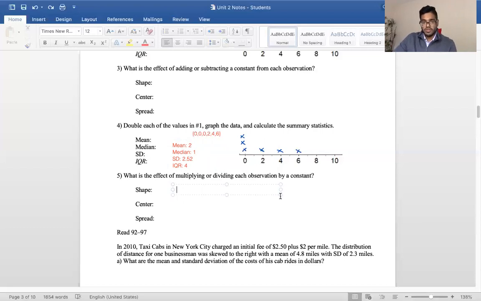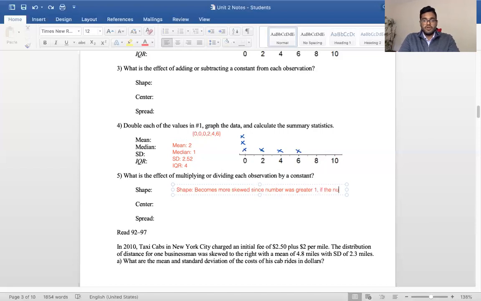You end up with the shape became more skewed since the number was greater than 1.